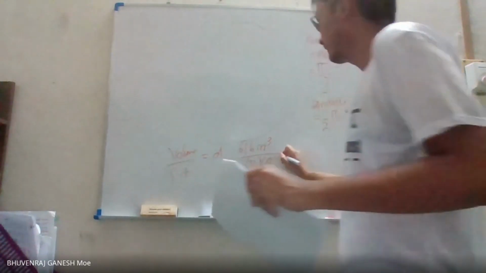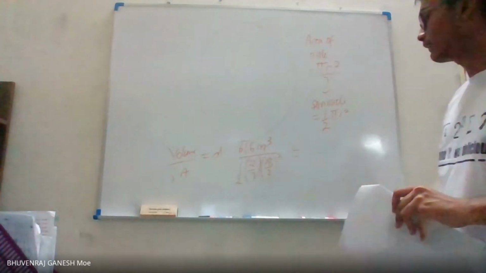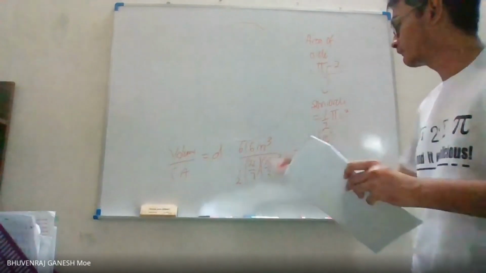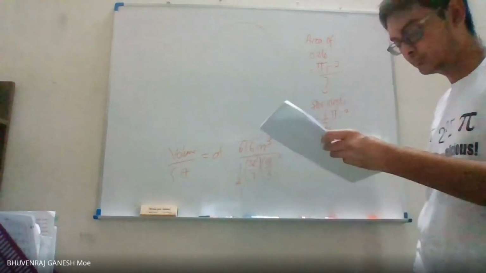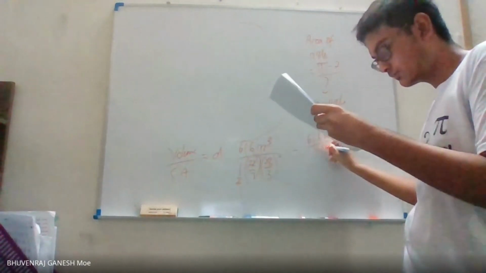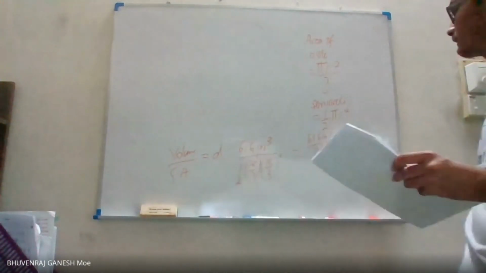Remember to square this part, square the radius. So finally you will get 61.6 meter cube. This one you cut over 11. And then you will get 1232/9. Make it a fraction, this whole thing you times in calculator.